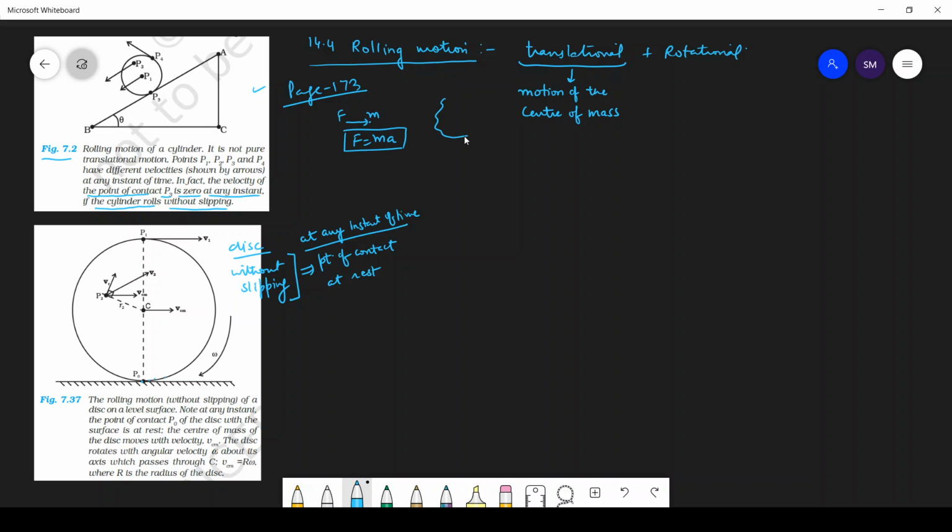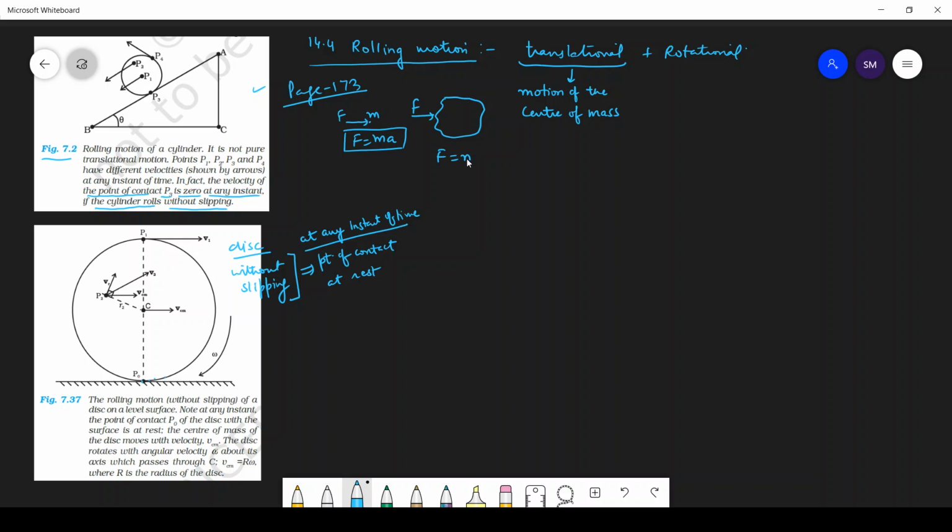But suppose you have this whole body and you have applied the force. Different particles have different linear velocities, and different accelerations also. So whose acceleration are you going to take?